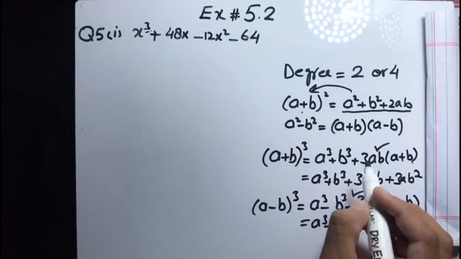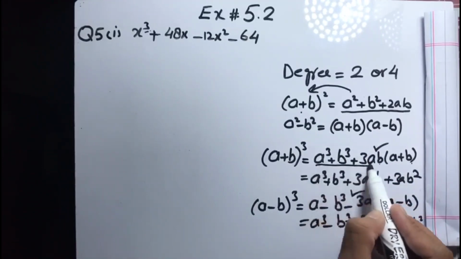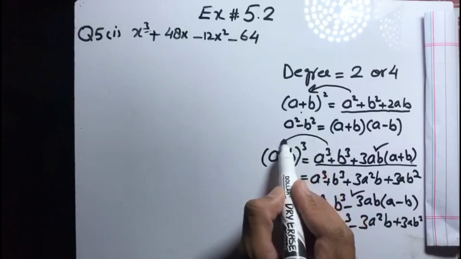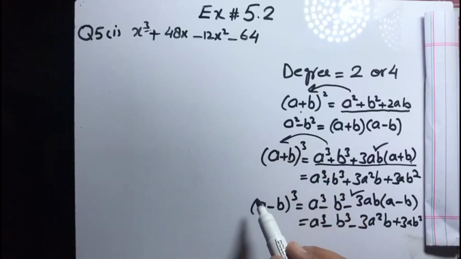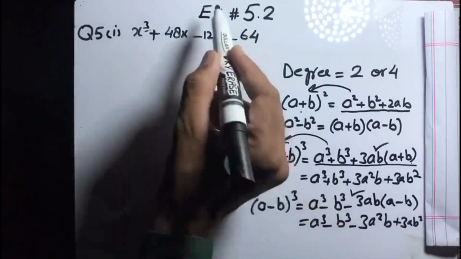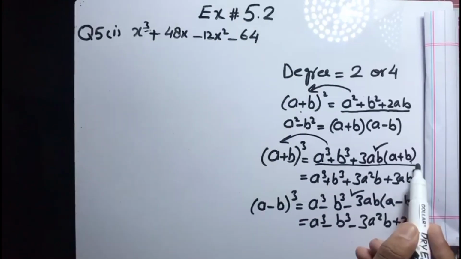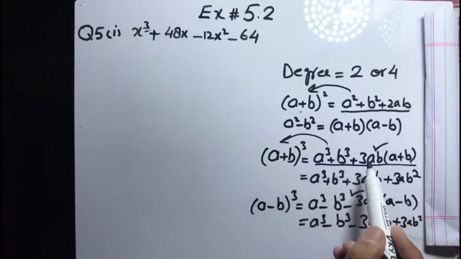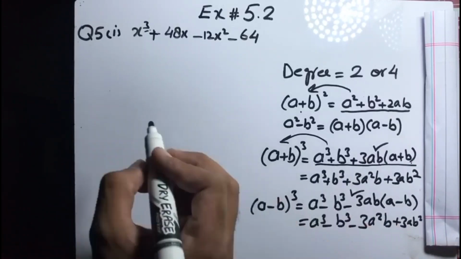Here the right side of this formula is given and we have to complete it as a cube. So first of all, in this question we make it as a right hand side. After this we complete the cube.